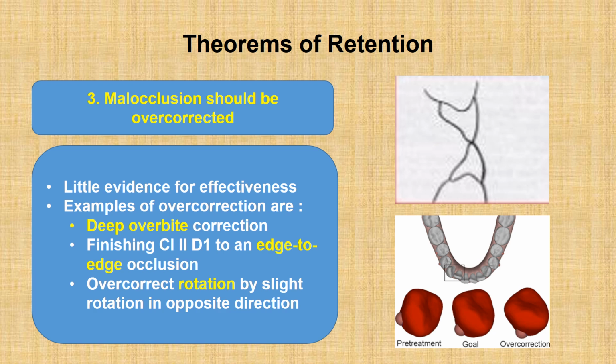Okay, so this is the pre-treatment rotated position of the canine, and if we are aiming to derotate to this position, overcorrection will mean slightly overdoing it in this position.